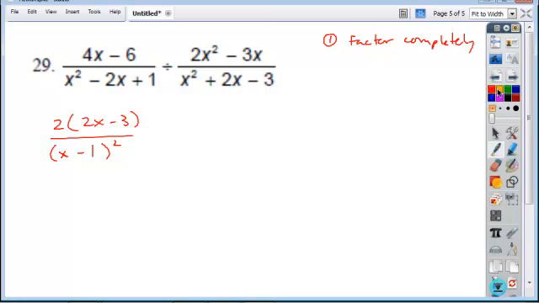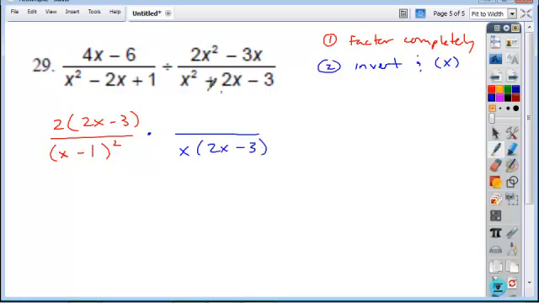Okay, the second step can be combined with step 1, and that is, instead of dealing with a division, we can invert and multiply as well. So as we're factoring this second expression, we're going to turn it into a multiplication. So here our denominator gets moved down. We can take out a common factor of x, leaving 2x minus 3.